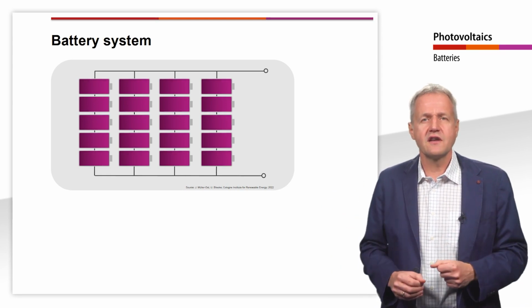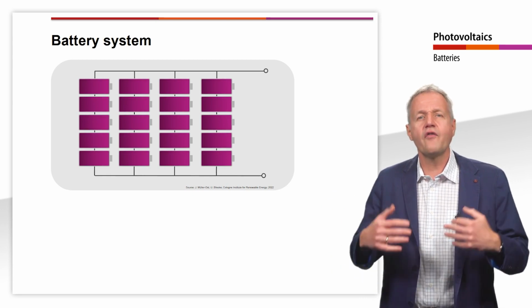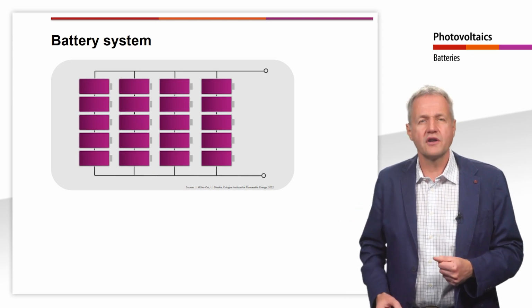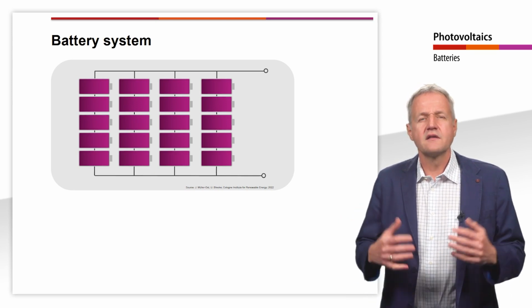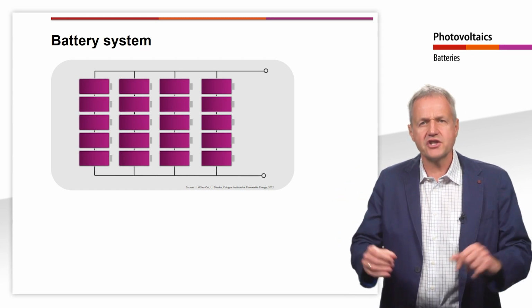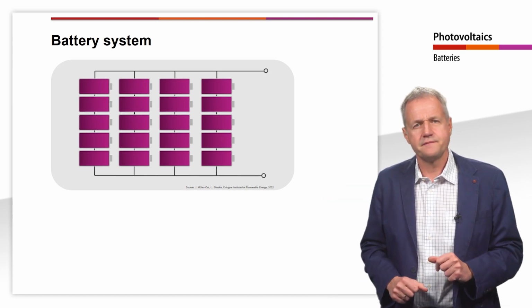In addition to the interconnected cells, the battery system consists of various other mechanical and electronic components. The mechanical components mainly include the housing with insulation and, if necessary, cooling and mounting system.